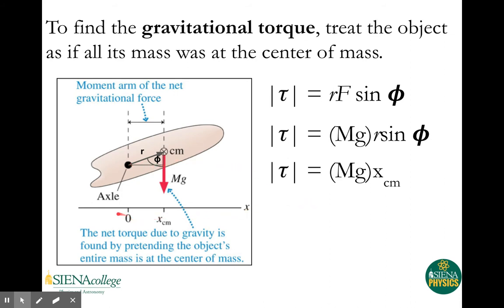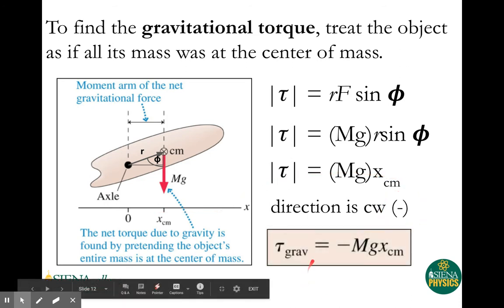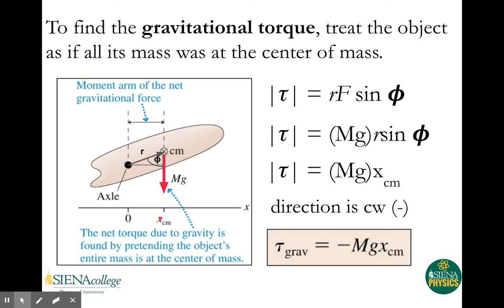And that, in this diagram, is just how far in the x-coordinate the center of mass is from the point of rotation. Okay, so our direction would be clockwise, right? We expect this to fall downward, to rotate downward. And so that would get a negative direction for torque. And then this puts it together now with the sign, right? So the torque due to gravity is negative mg times the horizontal distance x from the pivot point to where the force is applied.